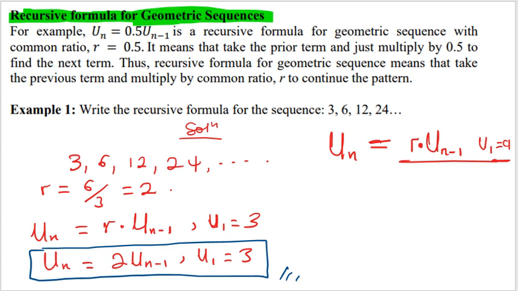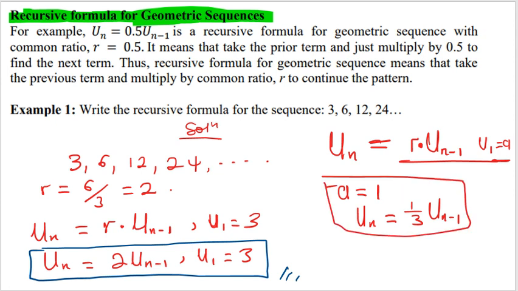For example, if I give you the first term of a sequence to be, let's say, 1, then I give you the nth term as 1 over 3 Un minus 1, from this I can find the remaining terms.